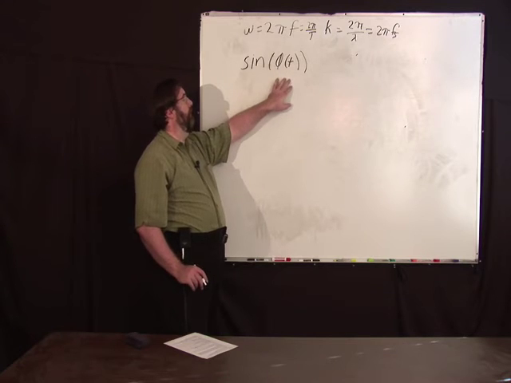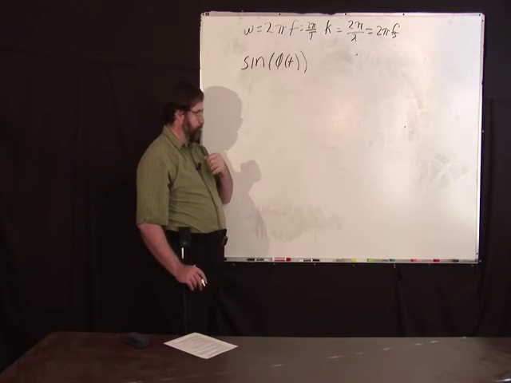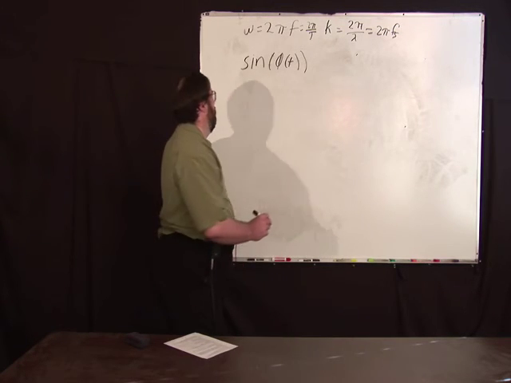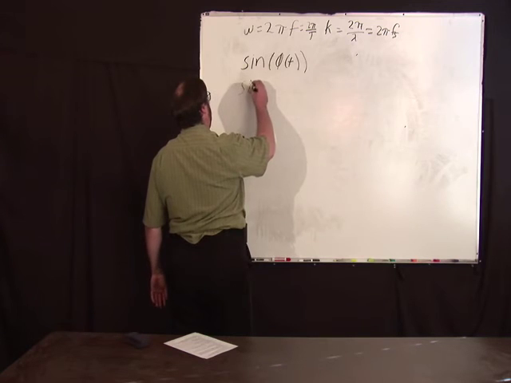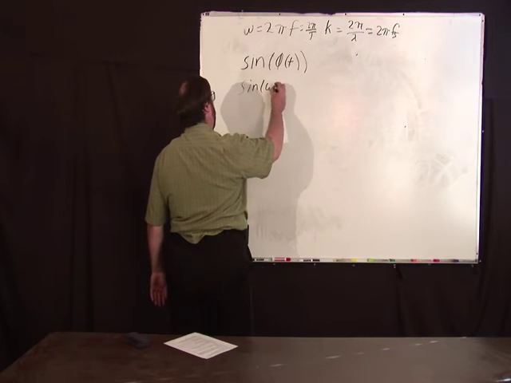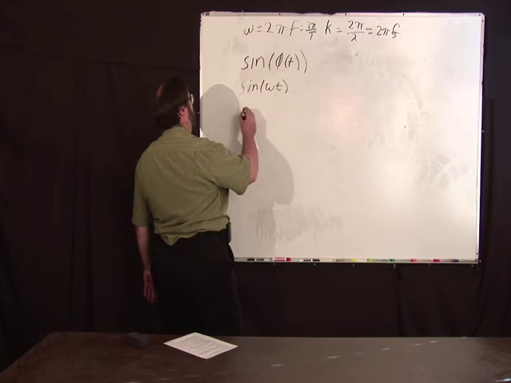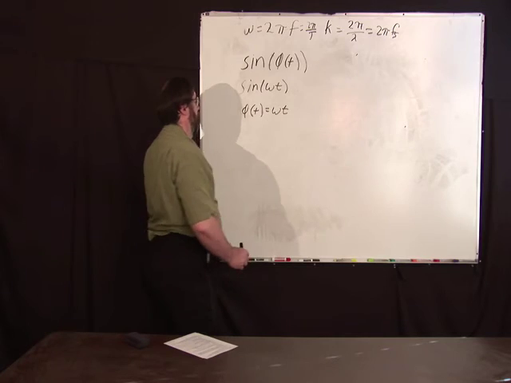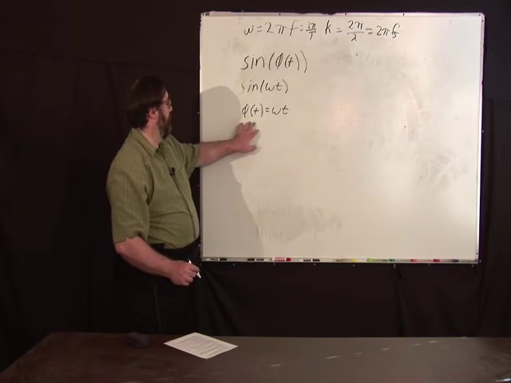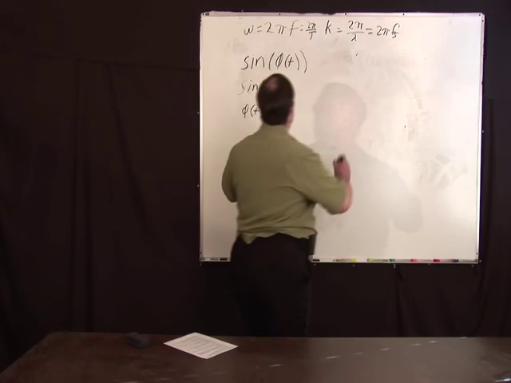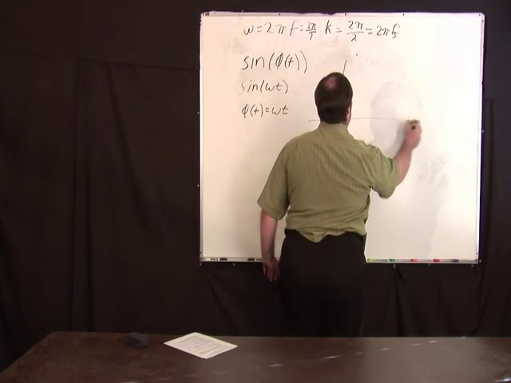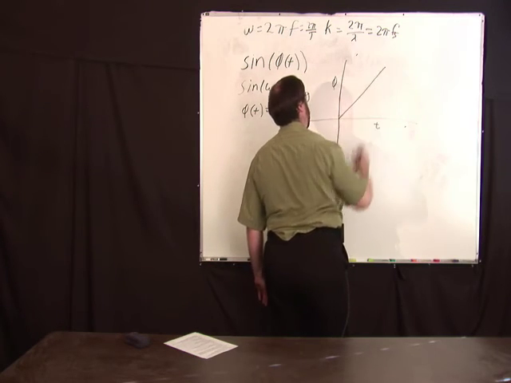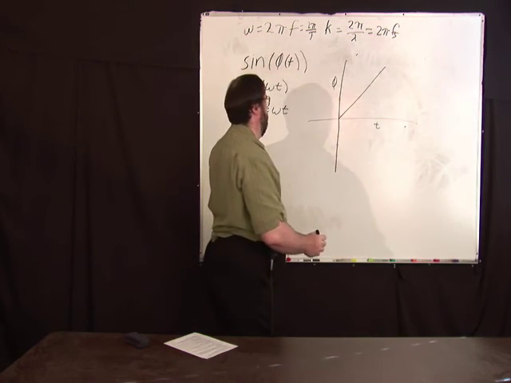In the case of just a pure frequency, sine omega t, let's say, the phase is equal to omega t. Well, what is that? If you were to plot phi as a function of t, say this is t and this is phi, it's a straight line going through the origin with slope omega.